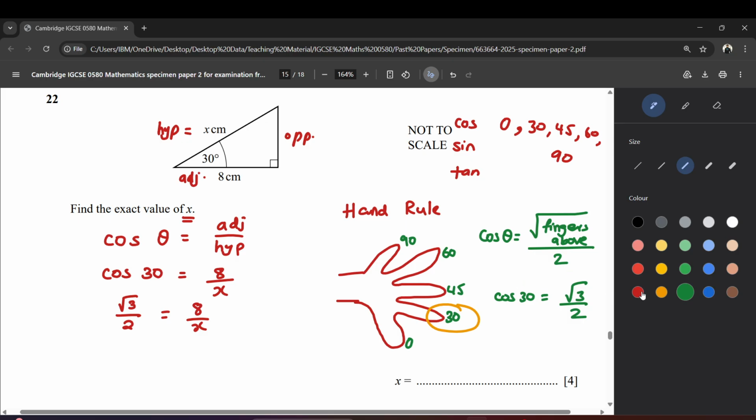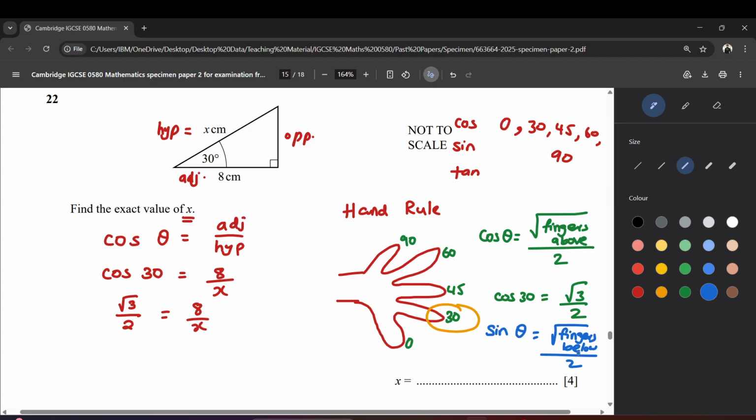If you want, you can use the same rule for sine theta as well. But sine theta is the fingers below the chosen angle divided by 2. So let's say sine 30: below 30 there is only one finger, so that should be root of 1 upon 2.